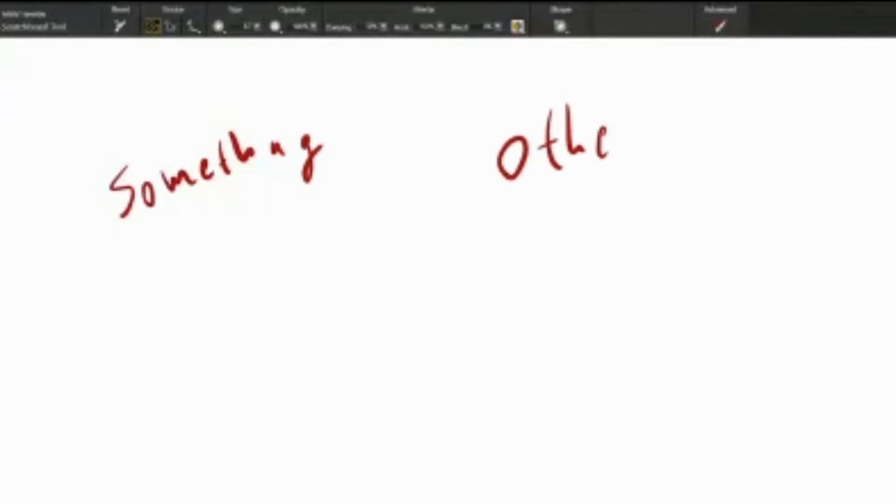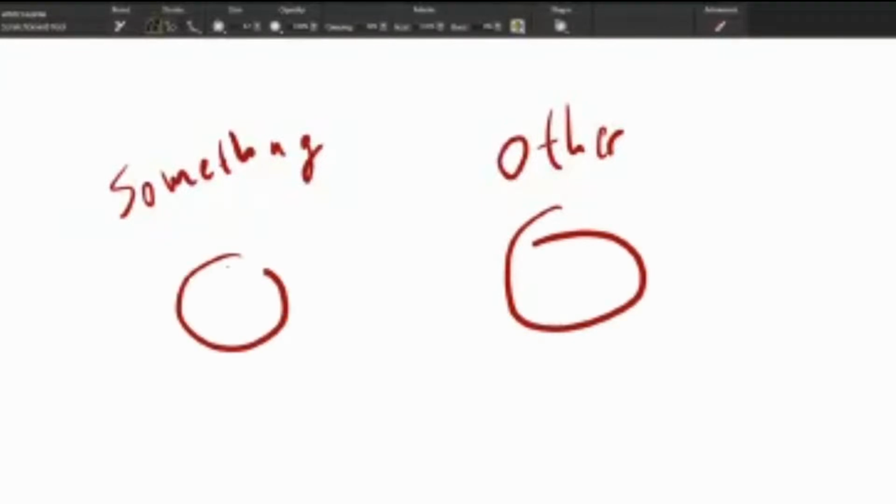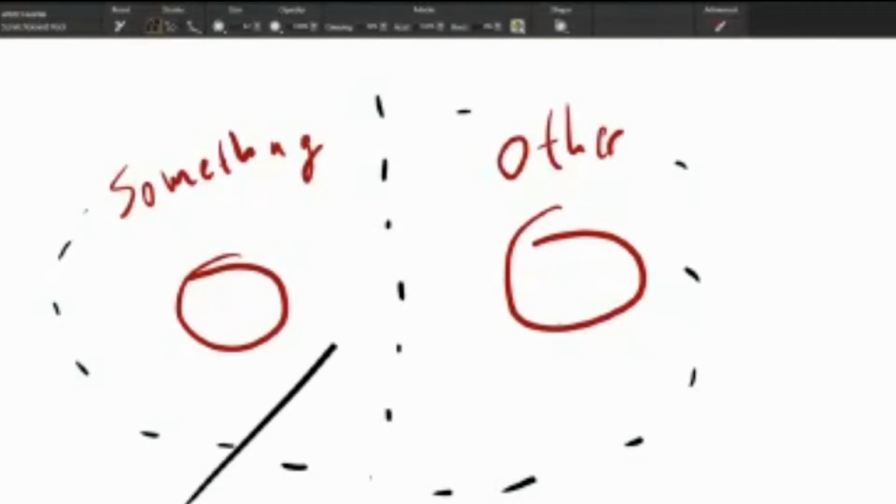So we have the something, and here we have the other as standing on its own. We have the something as standing on its own. And the black shall be the color of negation. The meaning of being for other is precisely a consideration of, we may want to call this the negation, this mutual non-being, or we may just call it the otherness.